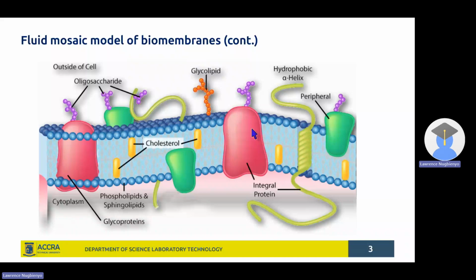So all of these, you can see, are different components which are coming together. Just like we saw with that mosaic artwork, these are different components that come together to form this whole structure. And the structure is not rigid, it is fluid. And that is the reason why we refer to the biomembrane as having a fluid mosaic structure.